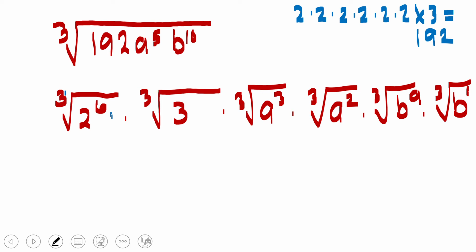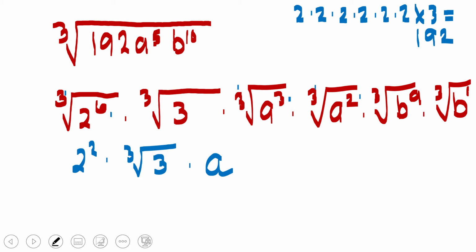So 6 divided by 3 here is 2. That leaves 2 without the root symbol to the second power. We are still going to have the cubed root of 3 left. 3 divided by 3 here is 1. So it leaves a by itself.